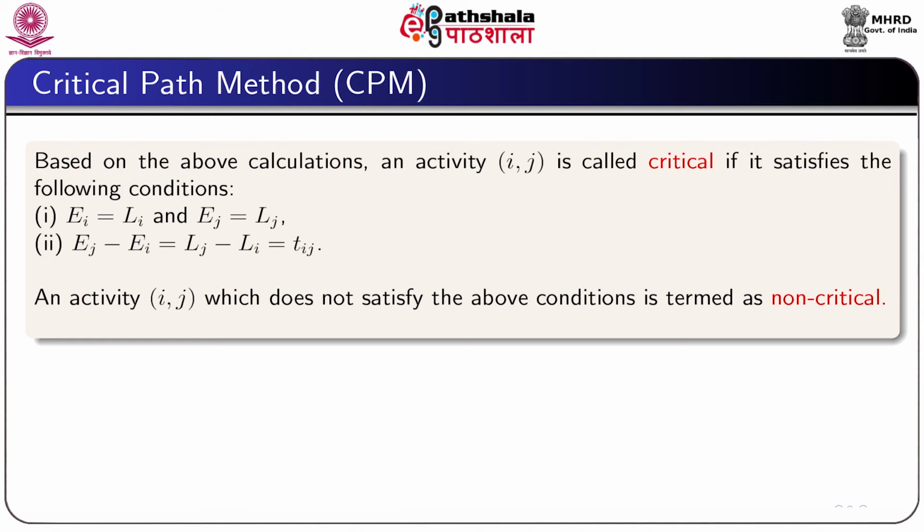This is number one condition, and number two condition is Ej minus Ei equal to Tij. Any activity which does not satisfy the above conditions is called non-critical.